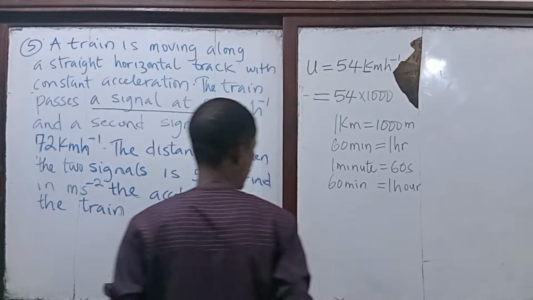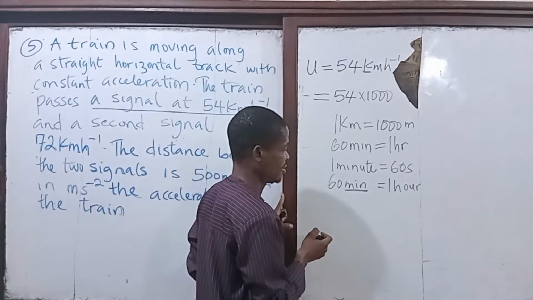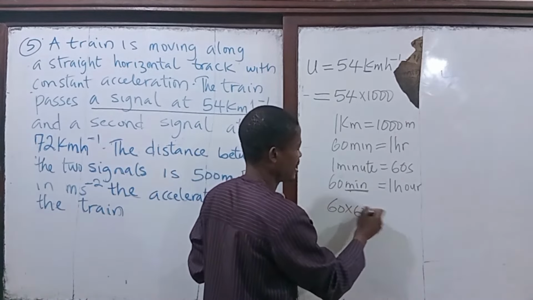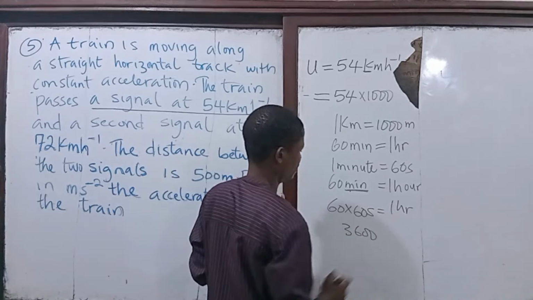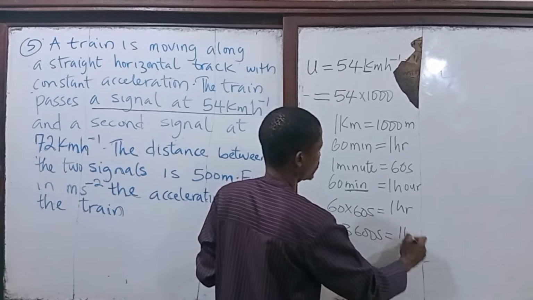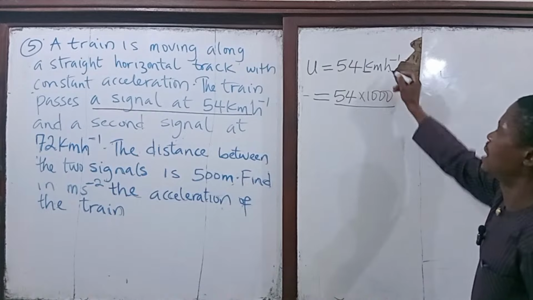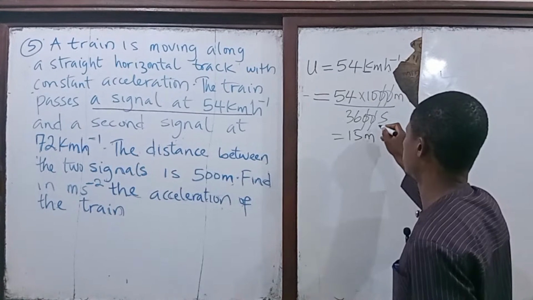Then we can convert this minute to seconds, because a minute is 60 seconds, and that will be 60 times 60 seconds, making 1 hour, and that's 3,600 seconds is equal to 1 hour. That means kilometer per hour, that will be over 3,600 seconds.